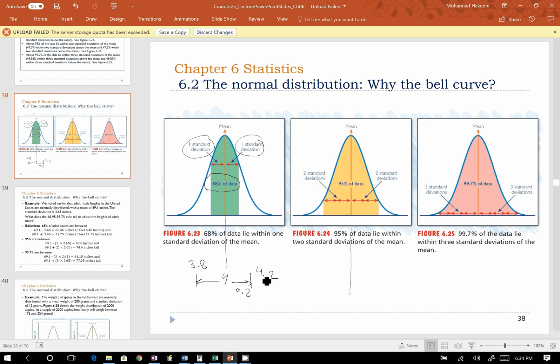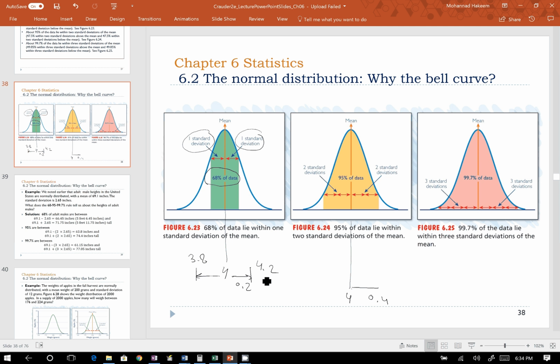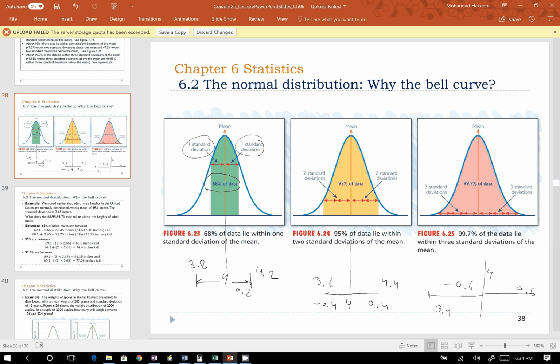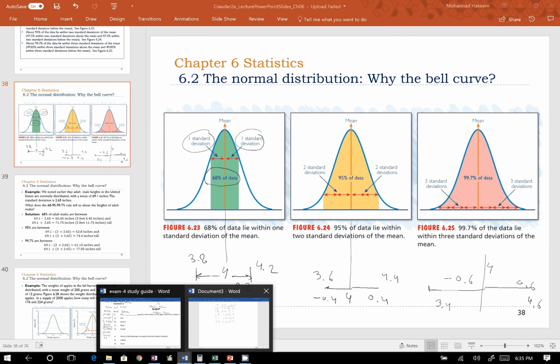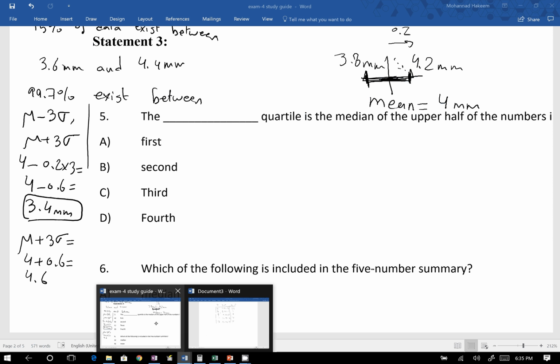The second one, it's 2 standard deviations, so between 0.4 to minus 0.4, which means 4.4 to 3.6. For the third one, it's 4 plus 0.6 and minus 0.6, which means 3.4 to 4.6.